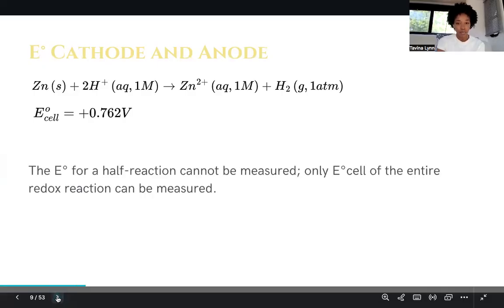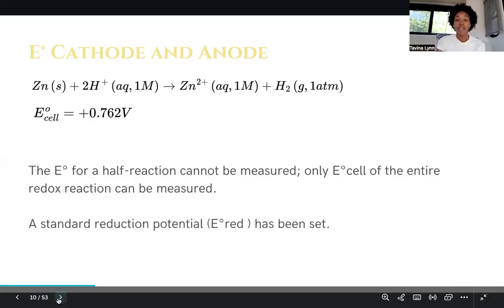Now, when we measure the standard cell potential, this is for the entire redox reaction, right? We cannot measure the standard cell potential for a half reaction. We cannot measure it for only the oxidation or the reduction. It is for the entire redox reaction.